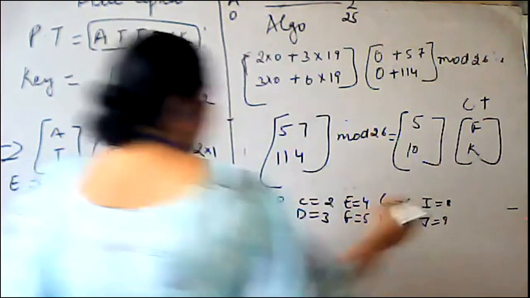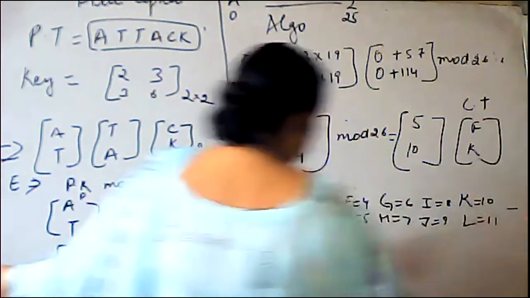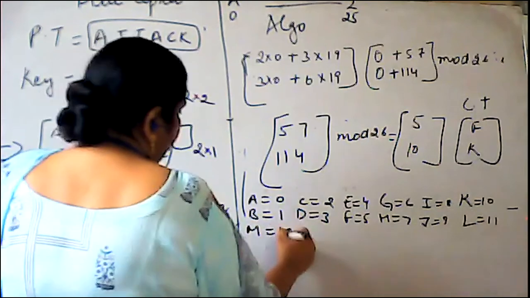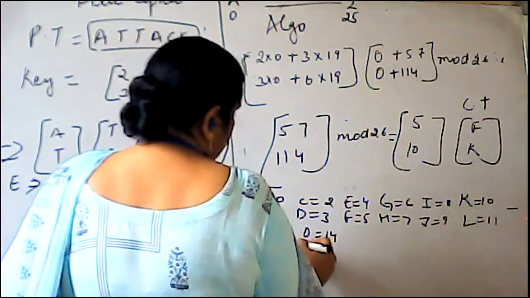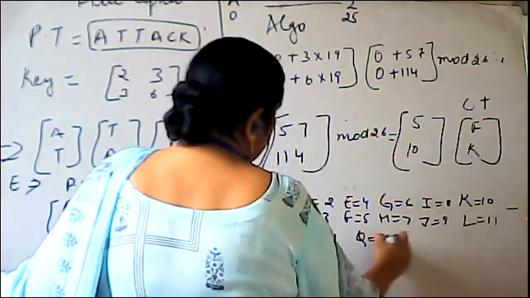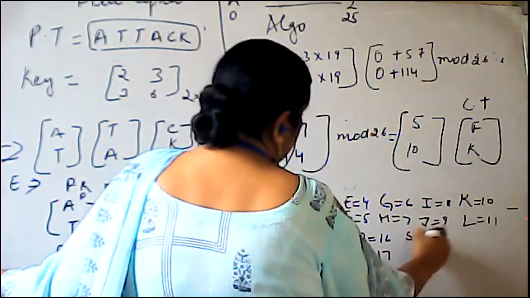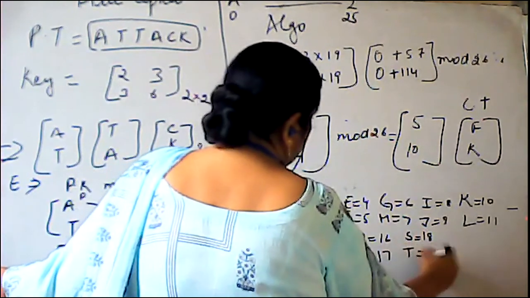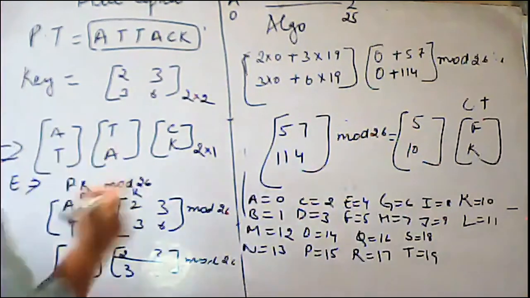K is equal to 11, sorry, K is equal to 10, L is equal to 11, then M is equal to 12, N is equal to 13, O is equal to 14, and P is equal to 15, Q is equal to 16, R is equal to 17, S is equal to 18, and T is equal to 19. Now, because this much is required, that's why I've written it.